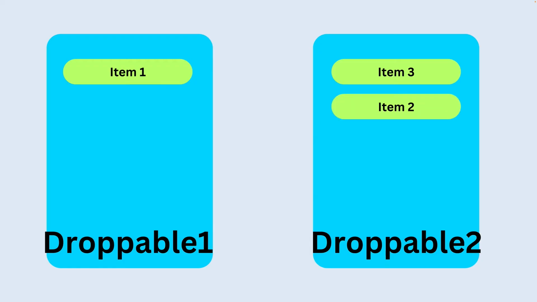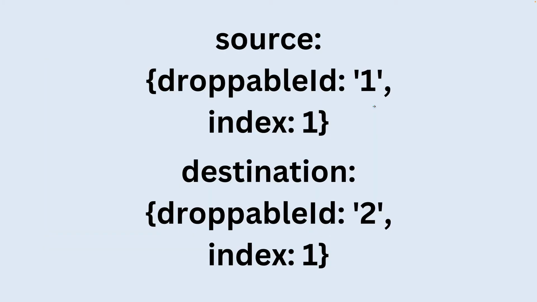Well, once I grab it and drag it over here, the source is going to look something like this: droppable ID 1, index 1, and over here the destination has droppable ID of 2, index 1. So what is going on here?